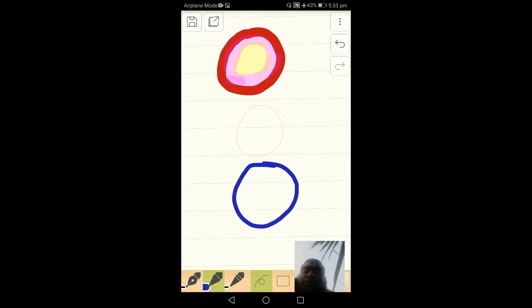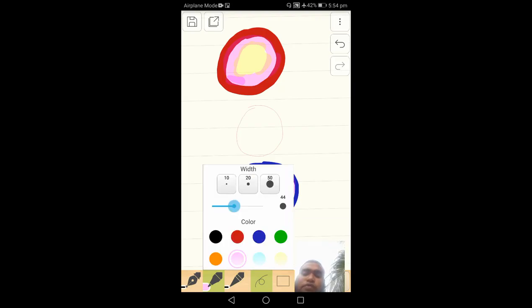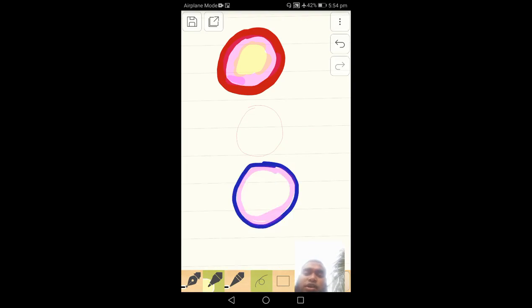So the wall of the vein is thinner than that of the artery, and its inner layer is also thin. So what we are left with is a lot of space inside the vein. I'm coloring it yellow. There's a lot of space inside the vein, and this space is what we call the lumen.